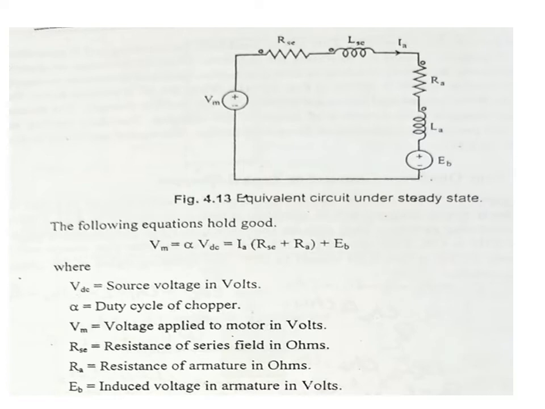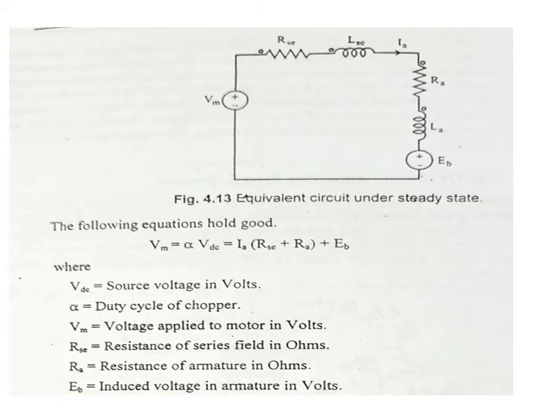By the name itself, it is a series motor, so these are all connected in series. The armature current IA flows through the series field resistance as well as the armature resistance. As we know, the series field inductance and armature inductance are both very small in value. That is the reason why we are neglecting them in the calculations.